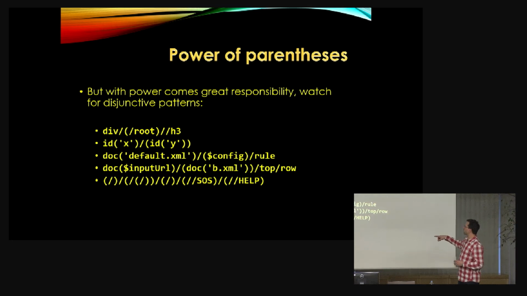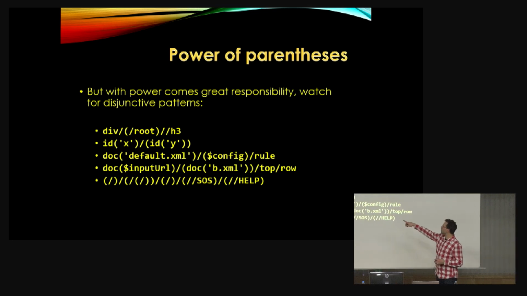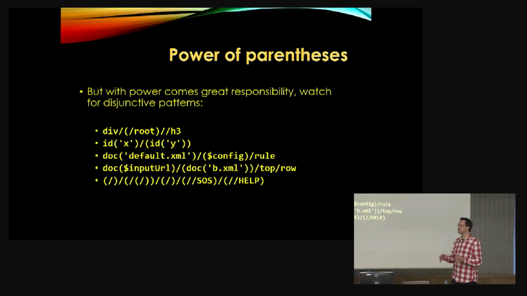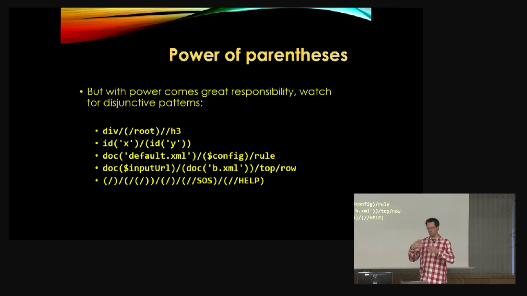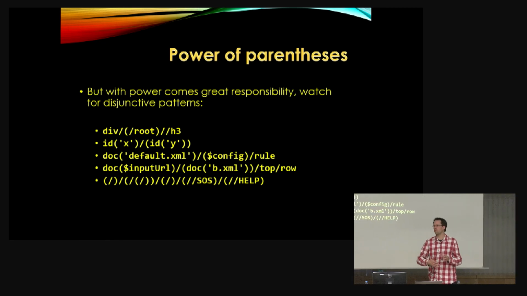From all these weird things, maybe the middle one is somewhat useful. There's a document called default XML, so the current node has to be in that document. And you have a variable that you've set to, let's say, a certain complex path that we were talking about earlier.